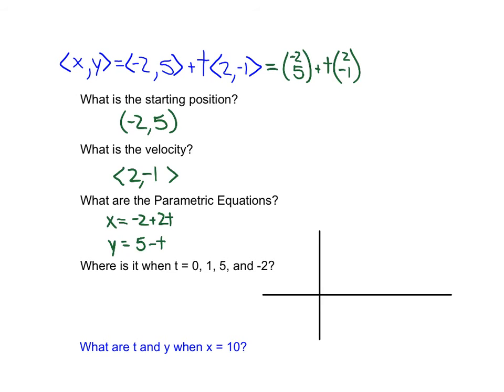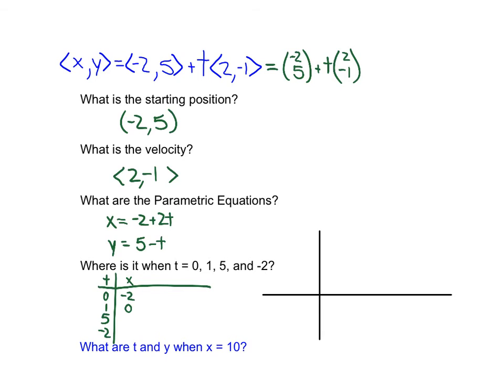Okay? So let's find some points. When t is 0, 1, 5, negative 2, those are the 4 points we want. X is negative 2 plus 2t. So negative 2 plus 0 is negative 2. Negative 2 plus 2 times 1 is 0.